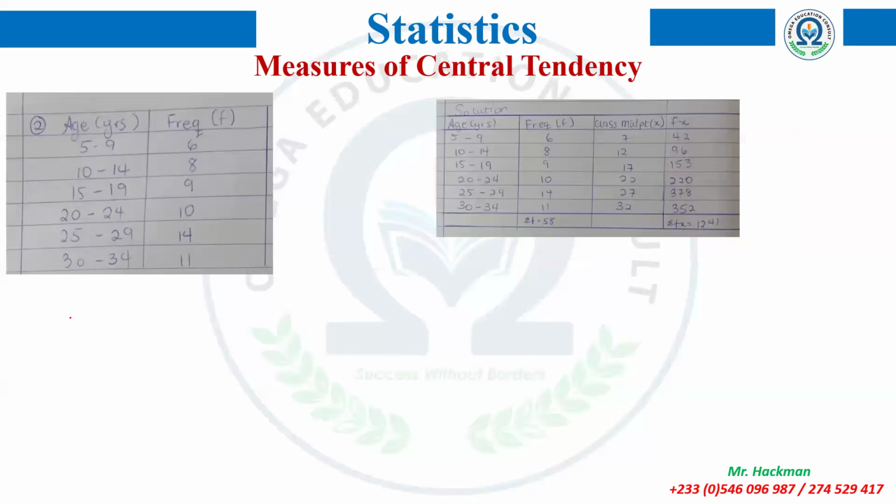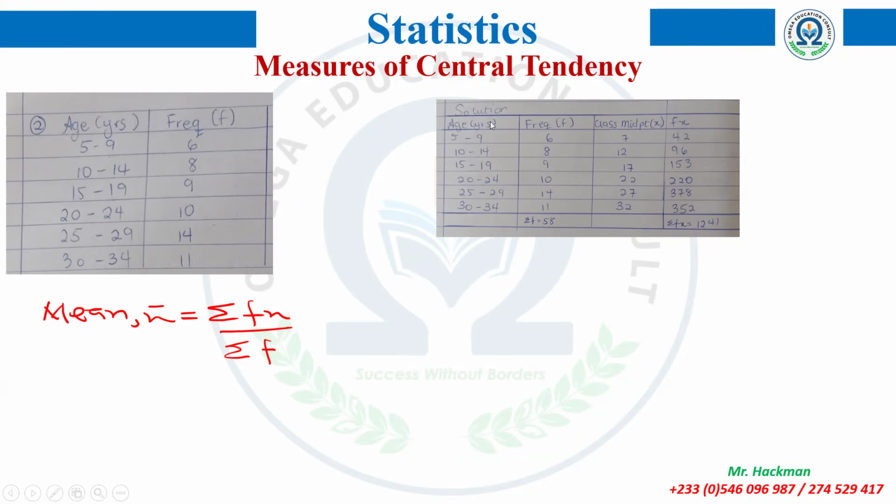So whether it is grouped or ungrouped, it's the same formula. With this one, we quote the mean, which will be X bar, equal to sigma Fx over sigma F. However, the information I need to add is that, unlike the ungrouped, where your F is known directly and your X equally known, because your first category will be X and your frequency will be your F, here you cannot call this X because these are not values, they are classes.